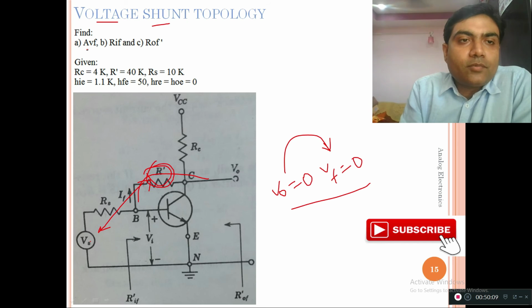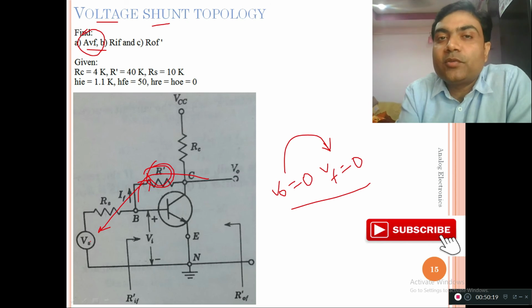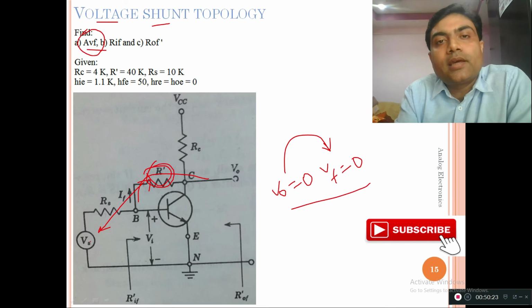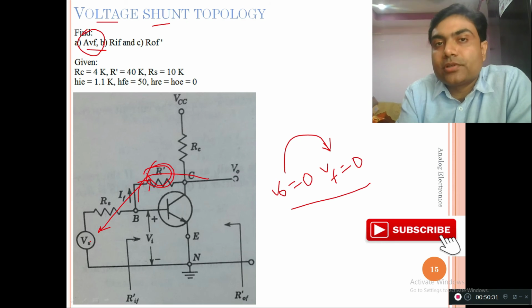Now this is given, we have to calculate AVF, RIF and ROF dash. Again you might get confused that this is the voltage series amplifier or the voltage amplifier. As I have discussed over the different questions, do not come to a conclusion just by reading the question.